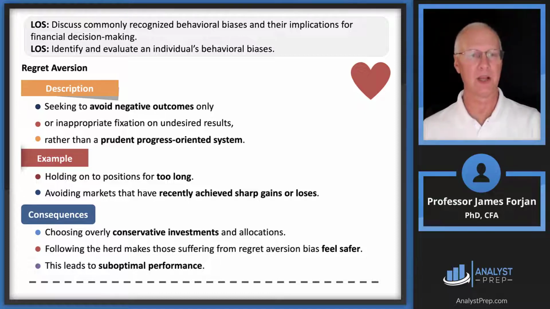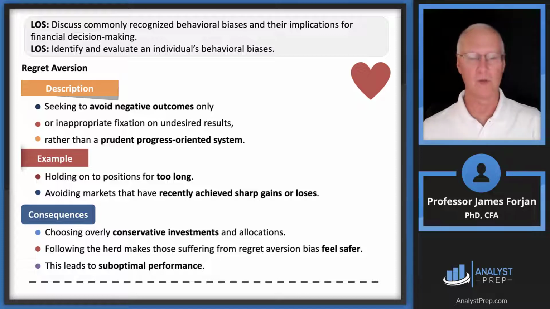And here's the second one, which makes this one unique to the loss aversion: we are going to avoid markets where there are dramatic shifts in prices, because we don't want to have regret. Regret is that feeling that, boy, I really should have done something, and what was I thinking? So we want to avoid the feelings of regret.